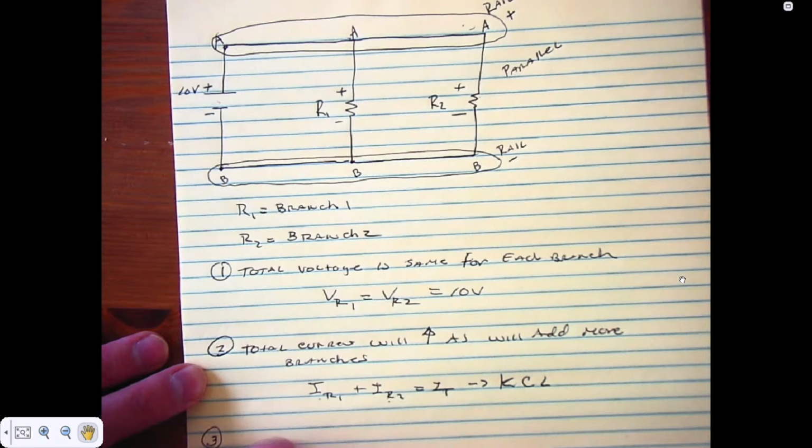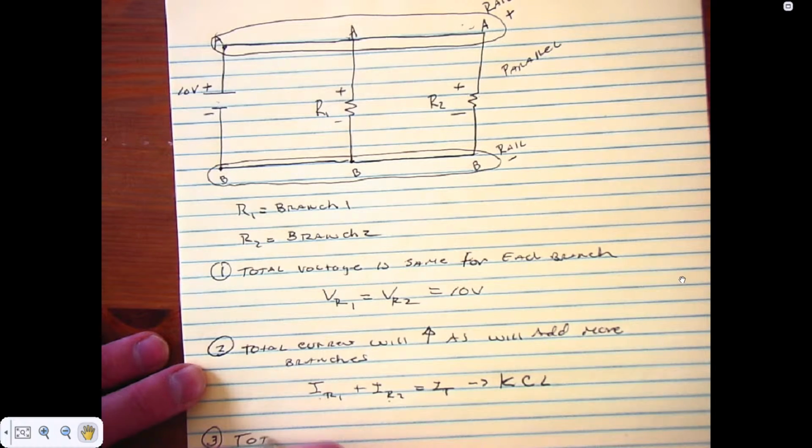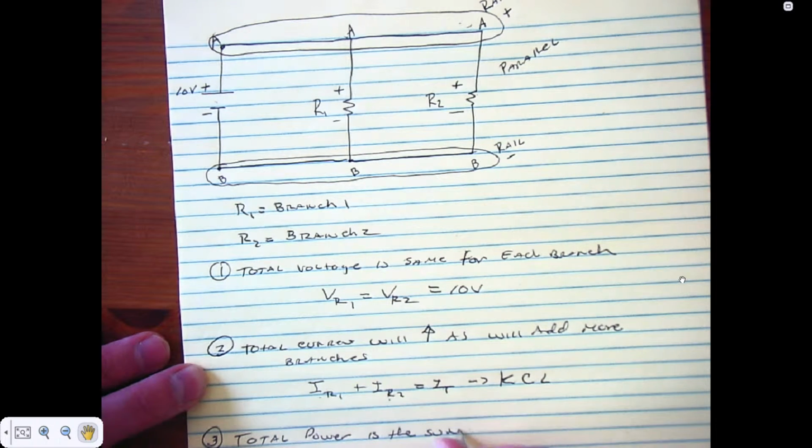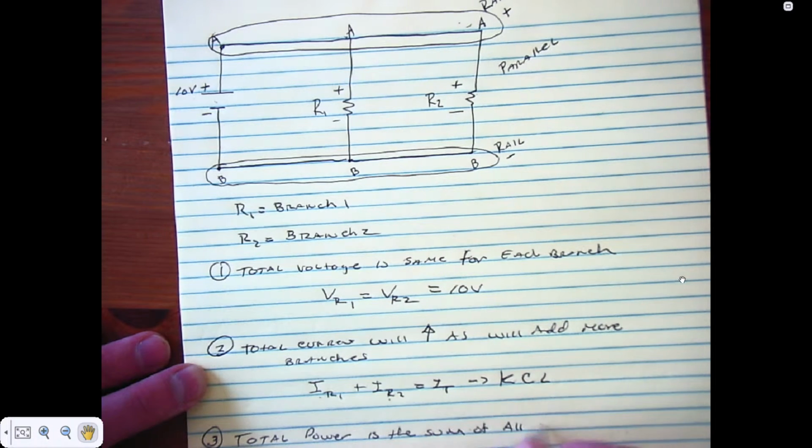Number three, total power is the sum of all branch powers.